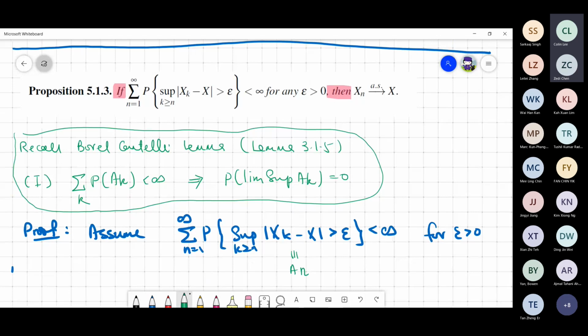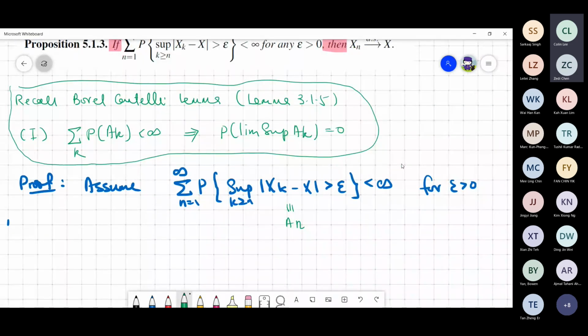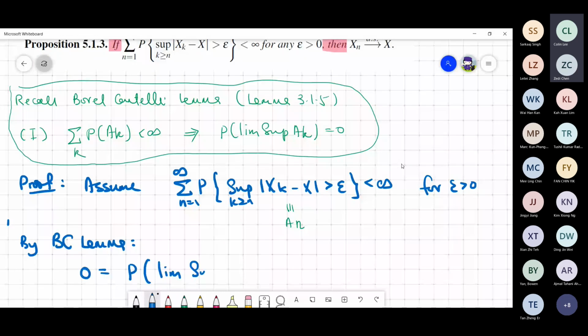According to the first Borel-Cantelli lemma, if the sum of P(A_k) is less than infinity, the probability of the limit supremum of A_k is equal to 0. So we simply put this to be our A_n. Since this is less than infinity, by this Borel-Cantelli lemma we have that the probability of the limit supremum of |X_k - X| > epsilon is equal to 0.